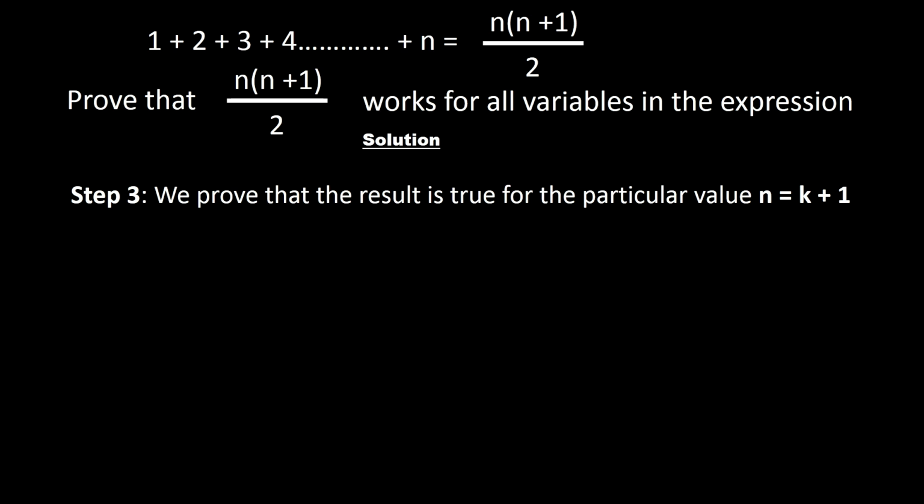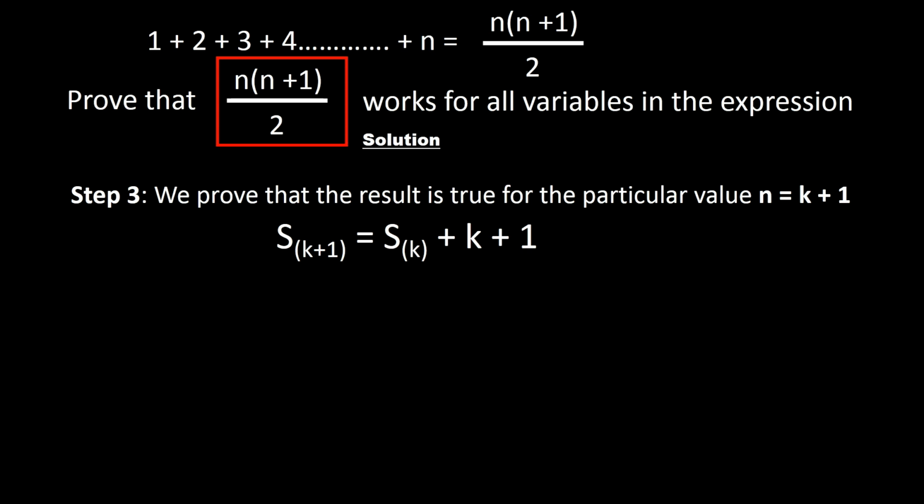We must remember a formula they usually use especially for sequences: summation k plus 1 is equal to summation k plus k plus 1. Summation is representing n into bracket n plus 1 divided by 2.